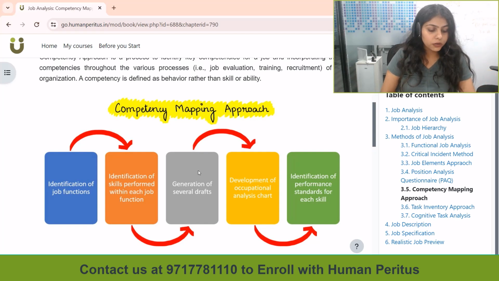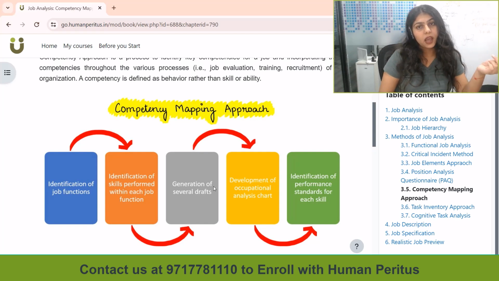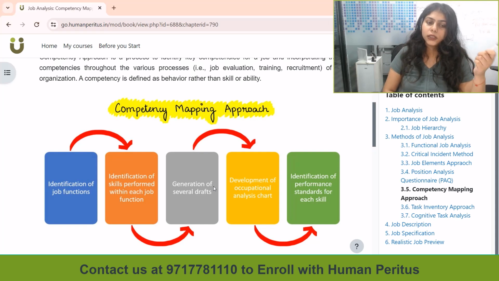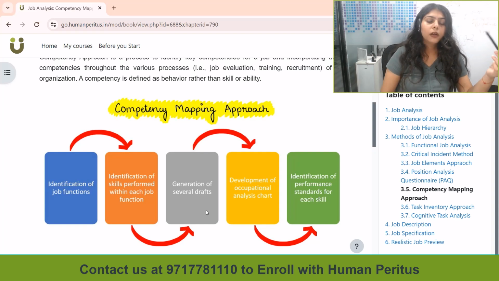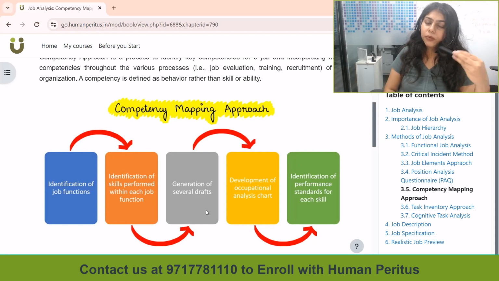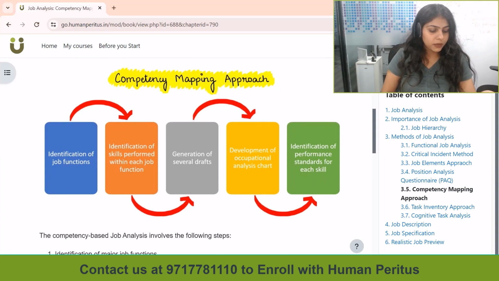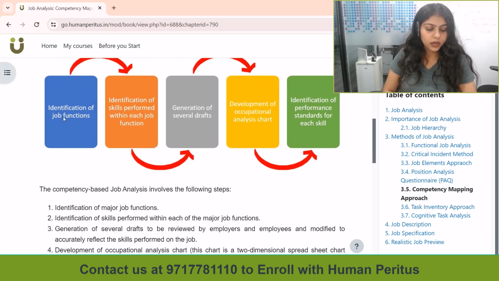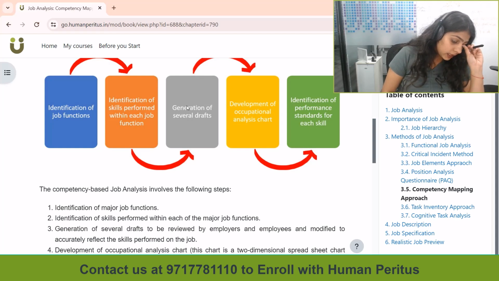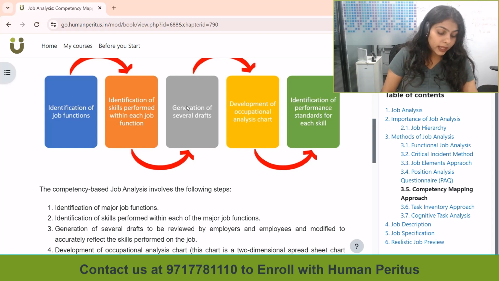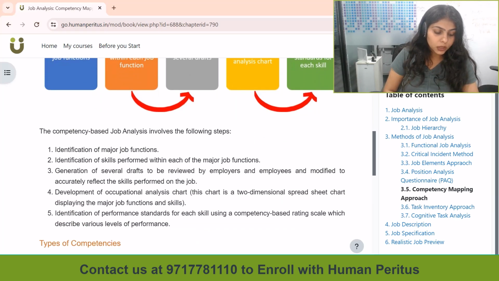Now what do you do? You generate several drafts. Drafts are what? The job analysis. So you make drafts for it to get approved. So in the next step, now that you've done your research and you've developed a draft, what you do is essentially get it reviewed by the employer and employees and modify to accurately reflect the skills performed on the job.